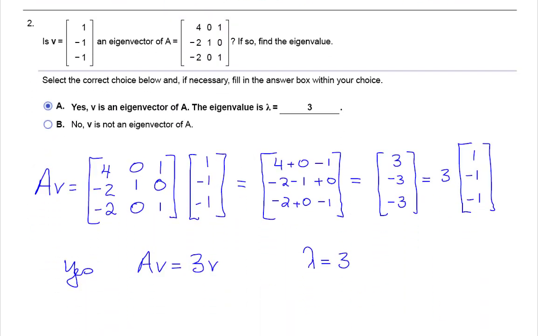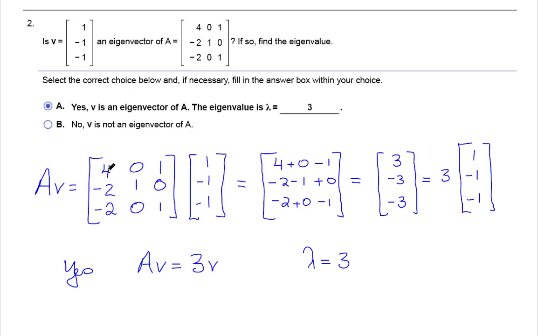All right, in question 2, same question. We have matrix A, we have a vector v. Is it true that v is an eigenvector, and what is the eigenvalue?